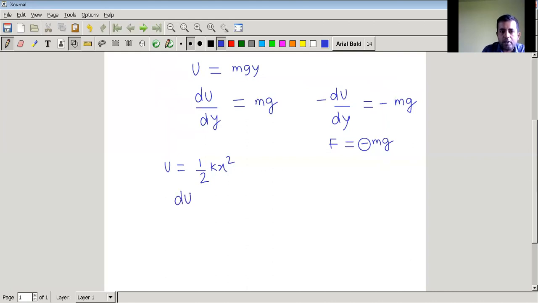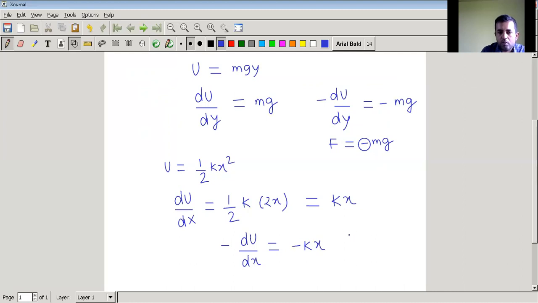So if I find dU by dx, the change in potential energy with respect to distance, this will be half k times 2x. The 2 gets cancelled, so this is nothing but kx. Again, if I put a negative sign, minus dU by dx, this will be minus kx. And we all know that minus kx is nothing but the spring force, right? So I can again write F equal to minus dU by dx.